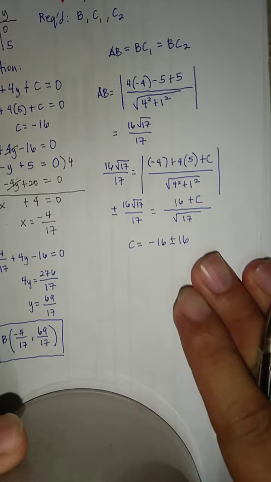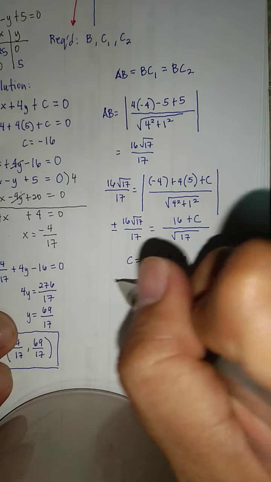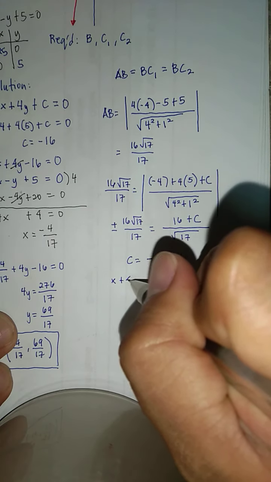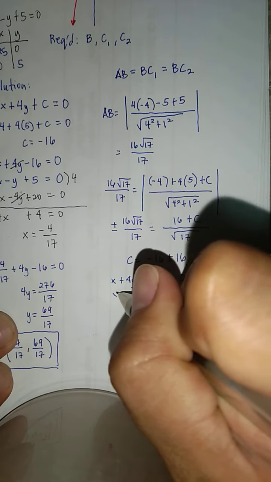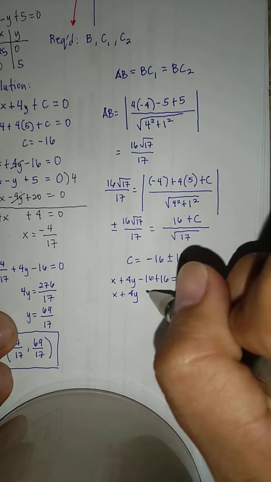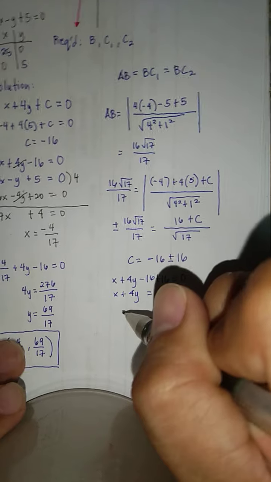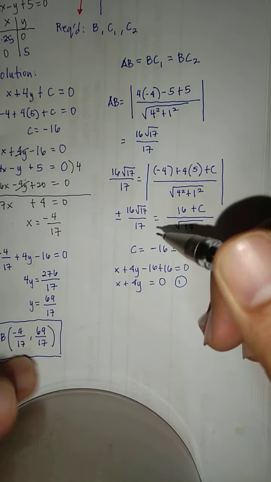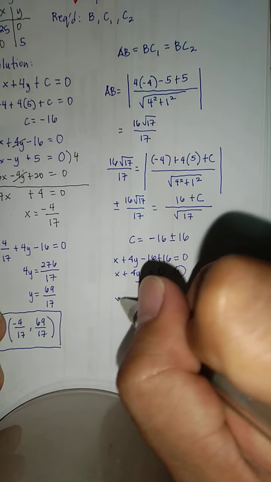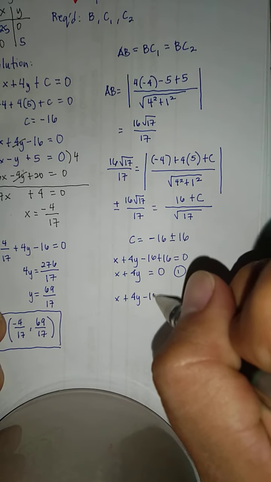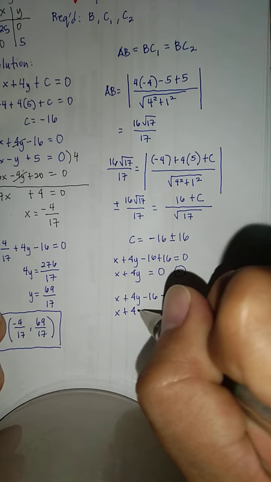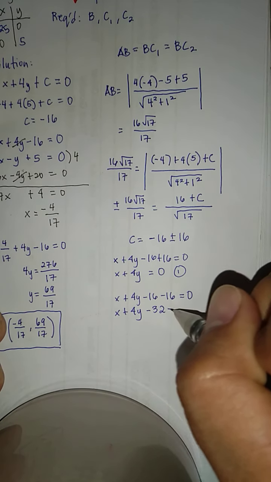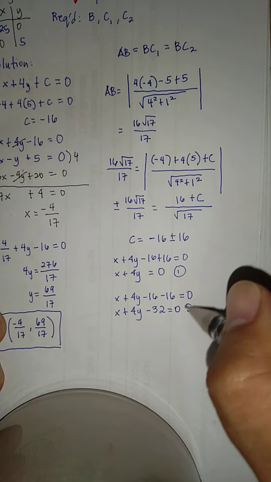So there are two possible lines. The equations of these two lines are as follows. First is x plus 4y minus 16 plus 16 equals 0, or x plus 4y equals 0, that is equation 1. And the other one is x plus 4y minus 16 minus 16 equals 0, or x plus 4y minus 32 equals 0. So that is equation number 2.